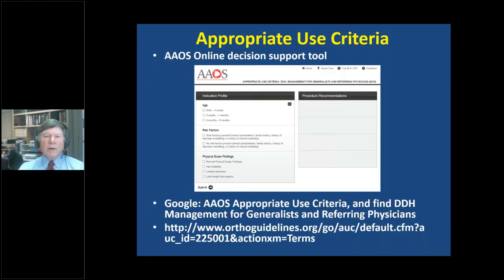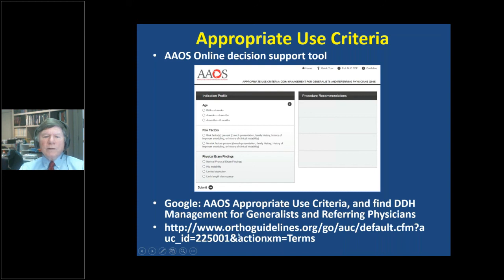Now, there's a tool online that you can use, which is called Appropriate Use Criteria. You can locate it at the American Academy of Orthopedic Surgeons. Look at the bottom here. You can Google AAOS Appropriate Use Criteria, and then find DDH management for generalists and referring physicians.